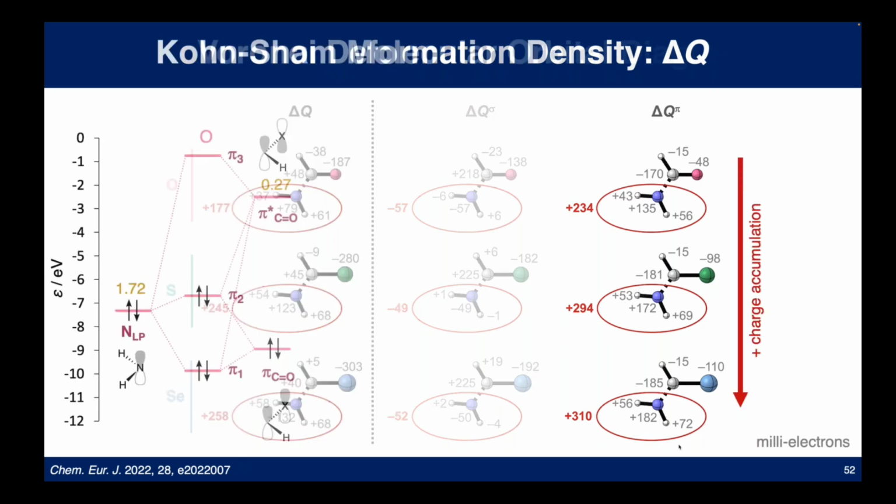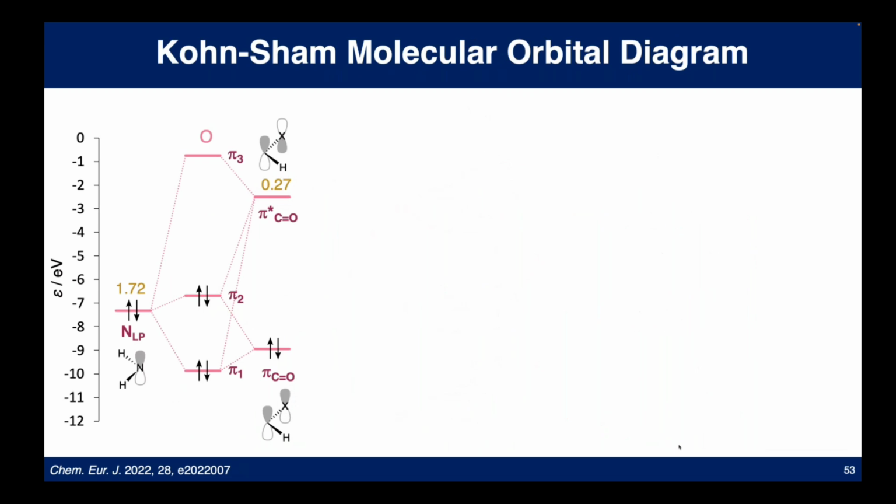So what we did is we made the Kohn-Sham molecular orbital diagram by forming the bond between the NH2 group and the carbon chalcogen with a hydrogen atom here. So we have two fragments.